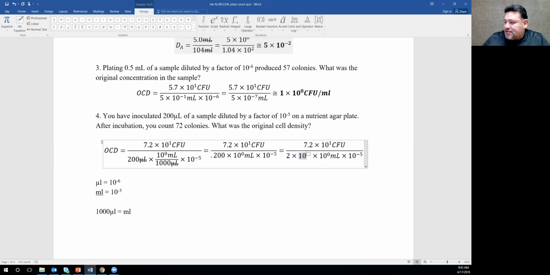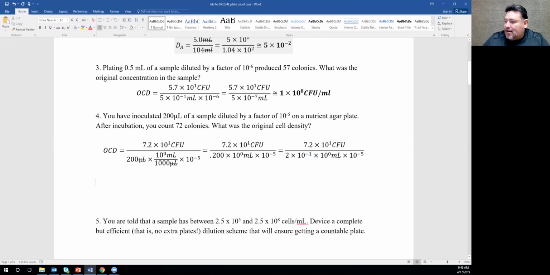If you notice, my decimal point would be right here, but if I move it 1 to the left, I end up with 0.2. So 2 times 10 to the negative first and 0.2 mean the same thing. Okay. Now we can go ahead and start doing some of this multiplication.